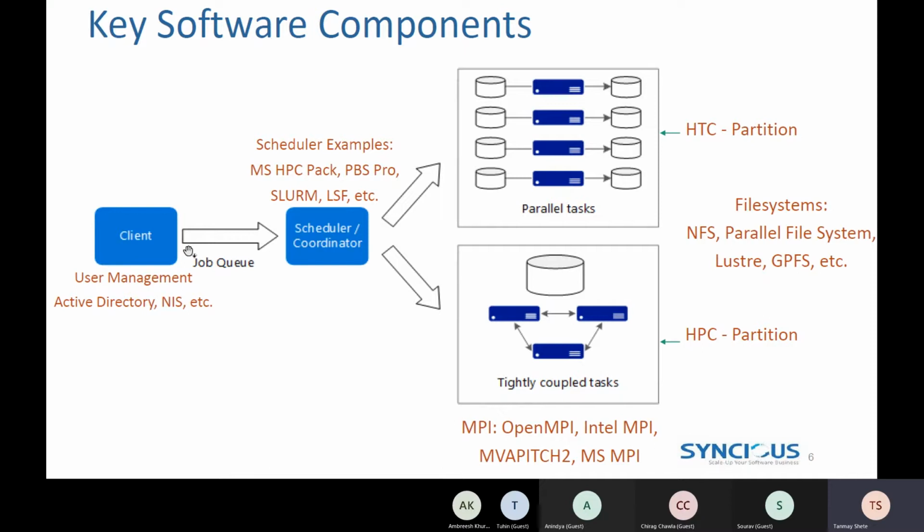I will introduce a new client today, specifically for the graphical user interface. So that is a client. Basically you connect to the scheduler in some way. SSH is one way, and there should be user management. Everybody will get an account, for example a username, and based on that account you should be able to submit your jobs through a scheduler.